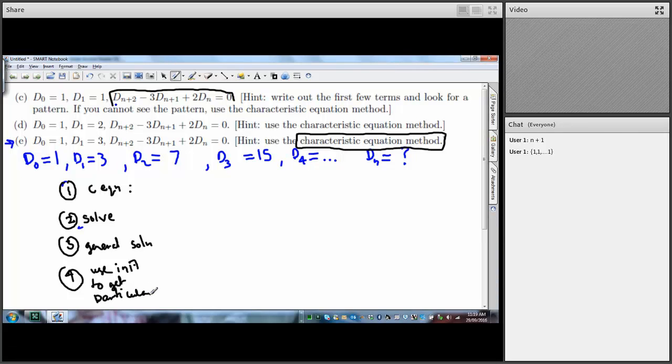Then we get our general solution. What I mean by a general solution is something which solves just the relation part. And then lastly, we want to use the initial conditions to get the particular solution.